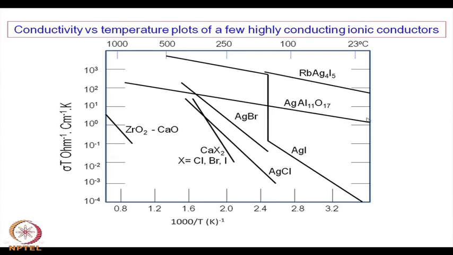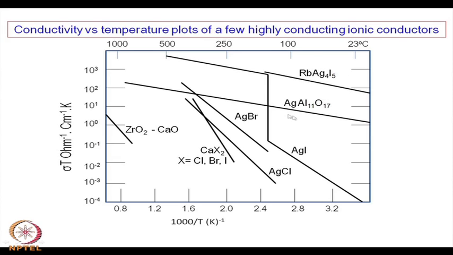A part of the silver has been replaced by rubidium, and that increases the defect concentration, and even at room temperature, and also at the lower temperature, this transformation has been avoided. So, this transformation has been stabilized, and even at room temperature you can get a very high ionic conductivity, which is very high compared to many other oxides.